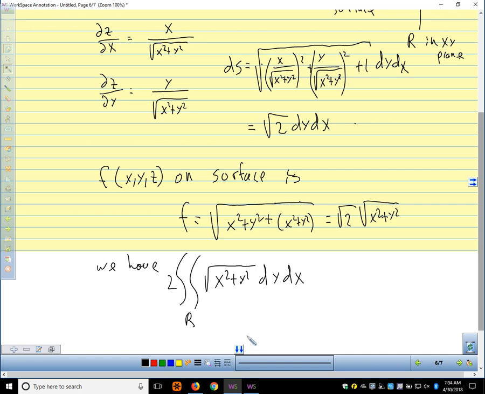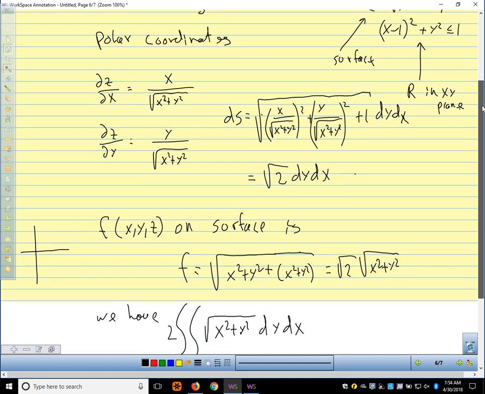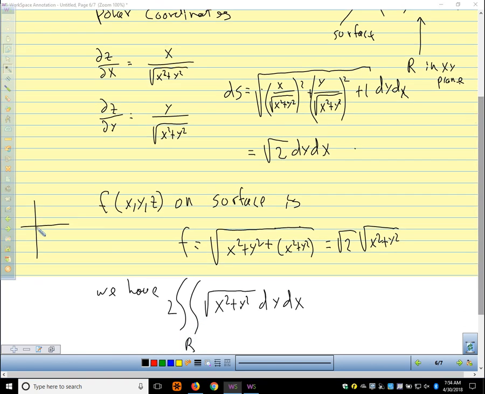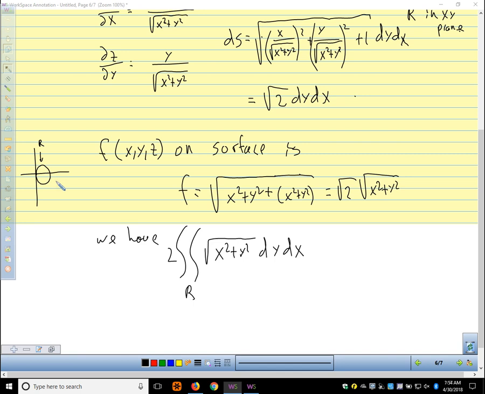Now our region in the xy plane is that shifted circle. So let me draw a little picture here. We have a radius of 1, shifted 1 unit on the x-axis. There's our region in the xy plane. Now we can go through the process of changing these to polar coordinates. Anybody remember what the equation of that circle is in polar coordinates?